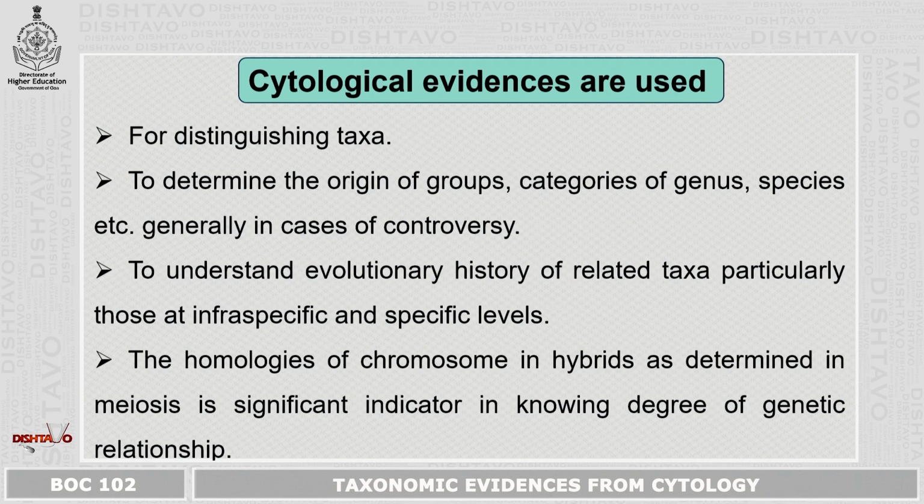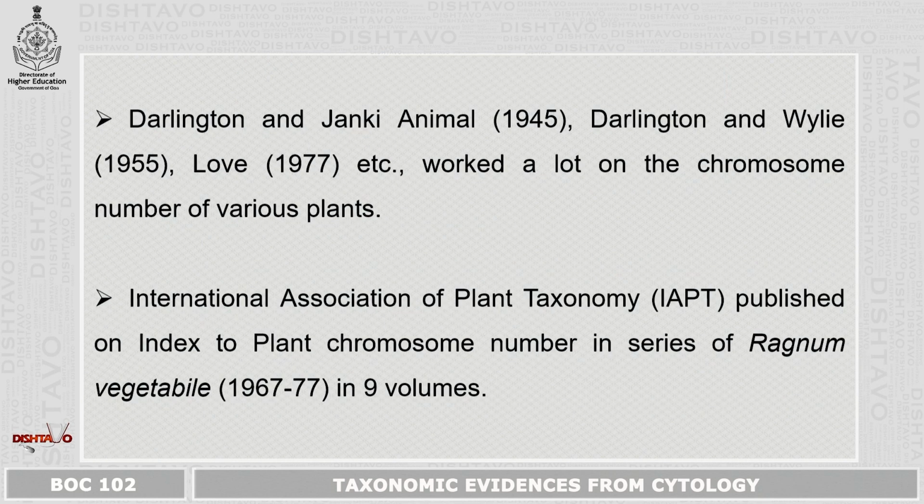Now, where are the cytological evidences used? They are used to distinguish taxa, to determine the origin of groups, to understand evolutionary history of related taxa, particularly those at infraspecific and specific levels. In addition, the homologies of chromosomes in hybrids as determined in meiosis is a significant indicator in knowing the degree of genetic relationships.